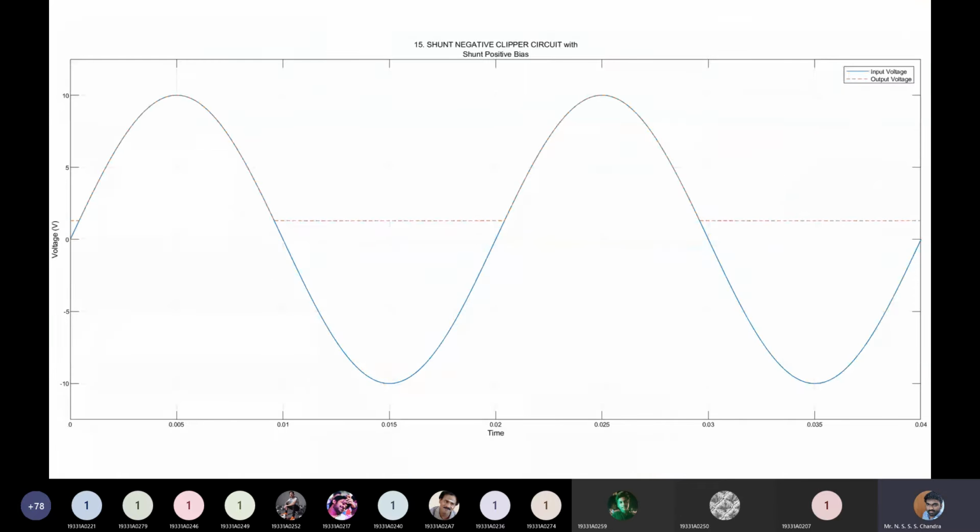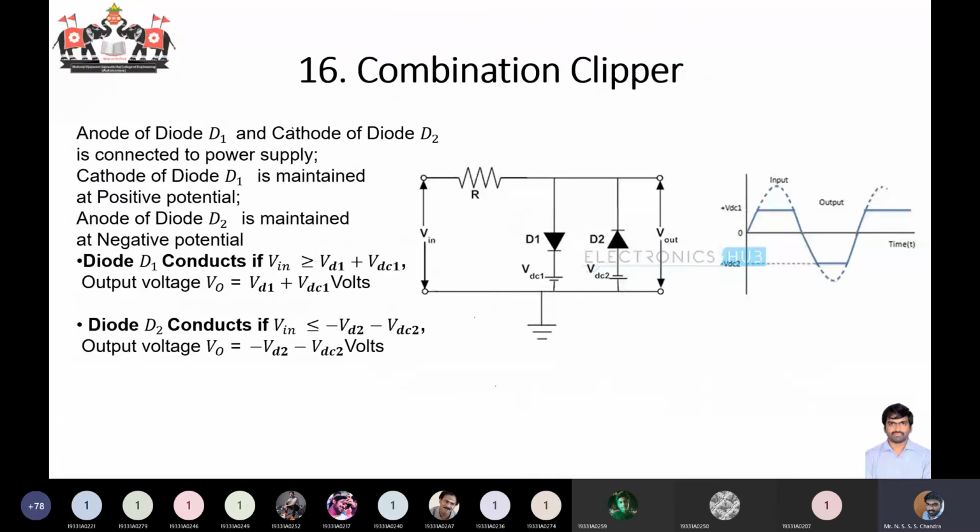So next we'll move on to the next clipper, and this is the final clipper that I want to discuss today. So this is a combination clipper. So here instead of using one single diode, we'll have two different diodes. So one has a bias voltage of VDC1, the other diode has a bias voltage of VDC2, and the connections are in such a way that for the positive half cycle, this diode D1 is in the forward bias state, whereas this diode D2 will be in the reverse bias state.